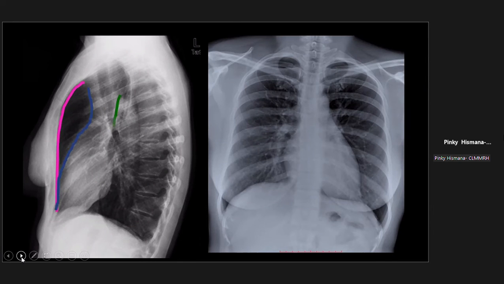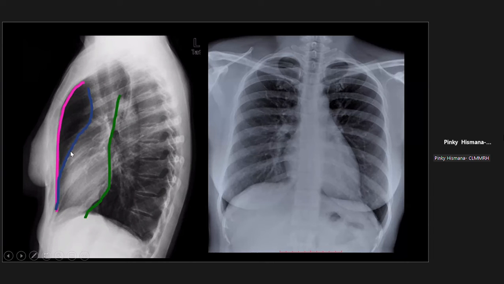So again, applying it in radiography, the structures found between the sternal silhouette here and the anterior aspect of your heart would belong to the anterior mediastinum.